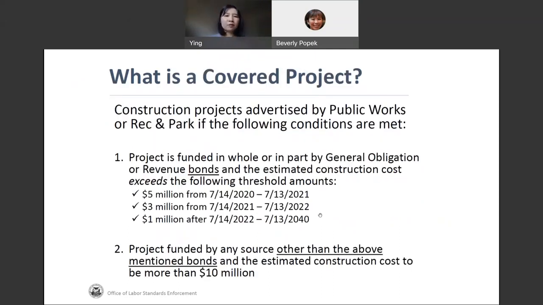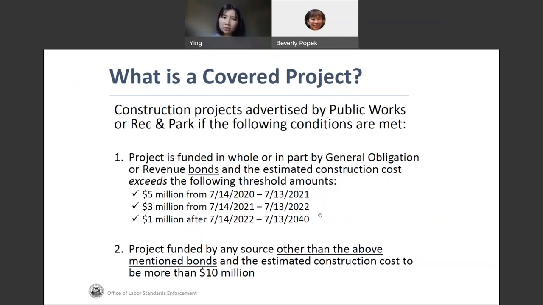So what is a covered project? Construction projects advertised by Public Works or Rec and Park if the following conditions are met. One is that the project is funded in whole or in part by general obligation or revenue bonds, and the estimated construction cost exceeds the following threshold amounts.